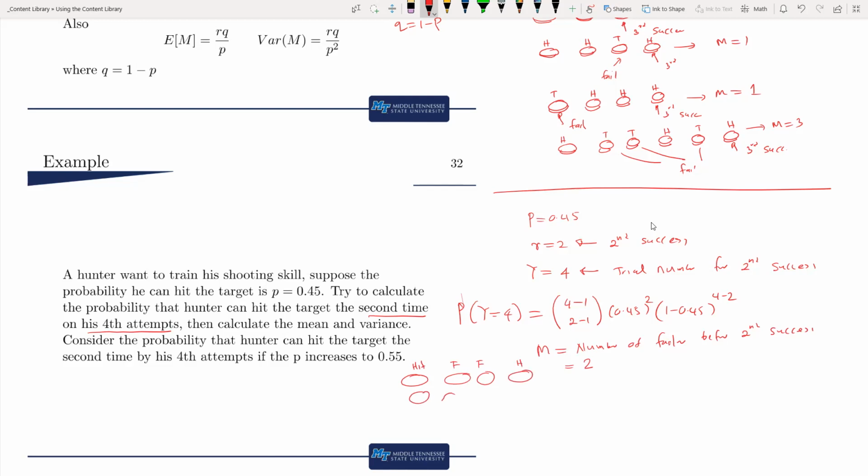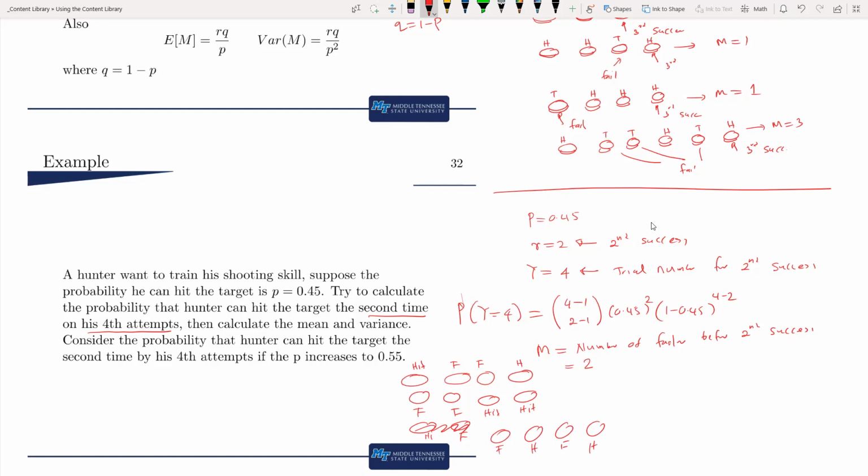Or you can have first 2 failures, and the next 2 hits. Or failure, hit, failure, and then hit, because the fourth one needs to be a success.